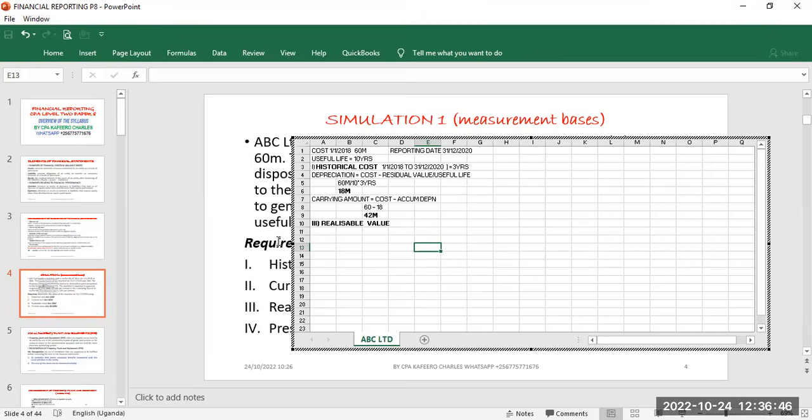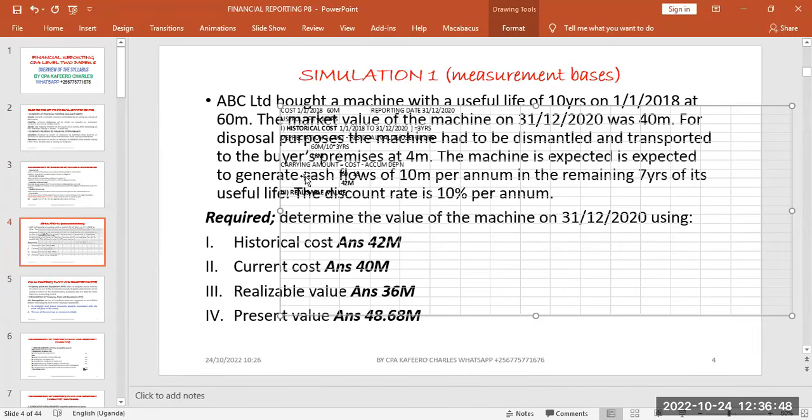And here they gave us in the question that for disposal purposes, the machine had to be dismantled and transported to the buyer's premises at 4 million.